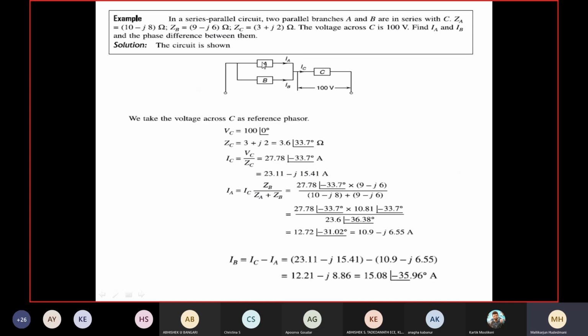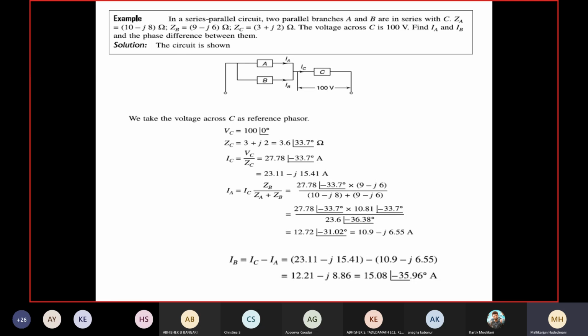Similar problem. You have two impedances having negative capacitive reactance, then here an inductive reactance plus J2. The voltage across this branch only is given as 100. You are asked to calculate IA, IB in the shown circuit.